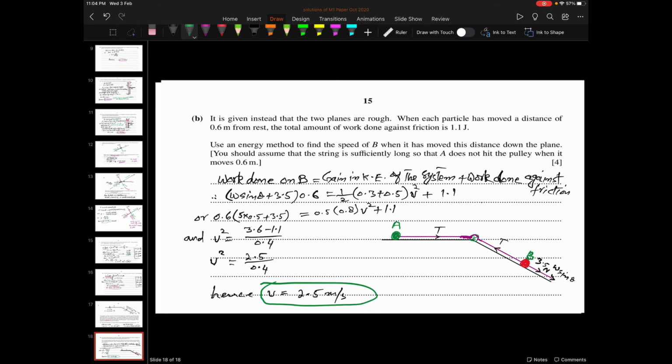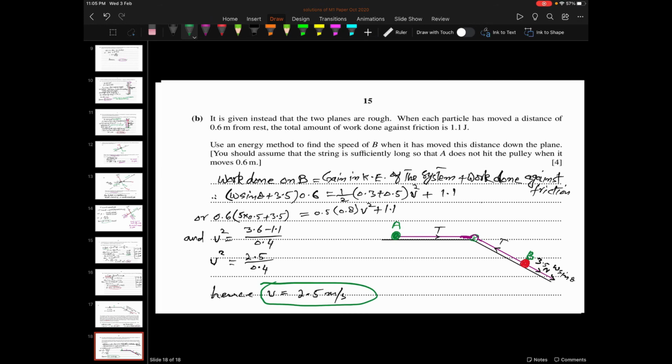So W sine theta plus 3.5 multiplied by 0.6 is equal to half multiplied by 0.3 plus 0.5, which are the masses of A and B particles, multiplied by V square plus 1.1, which is the work done against friction.